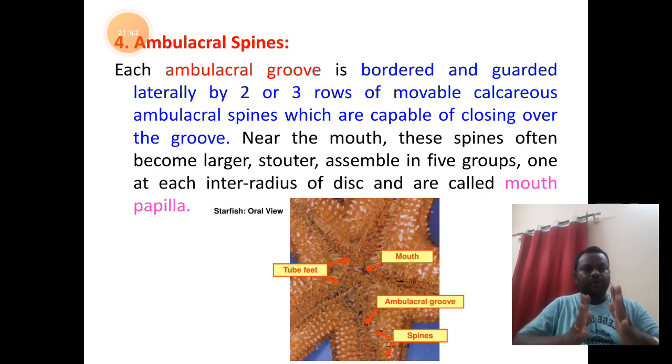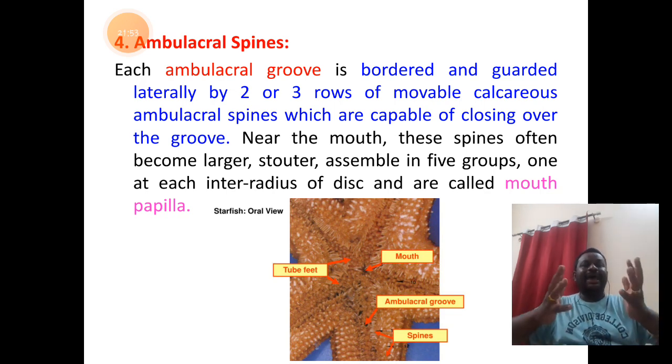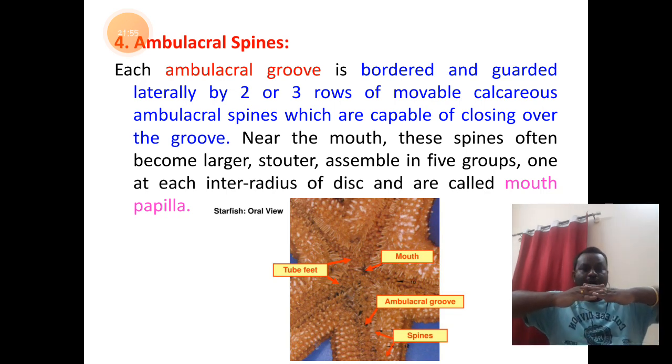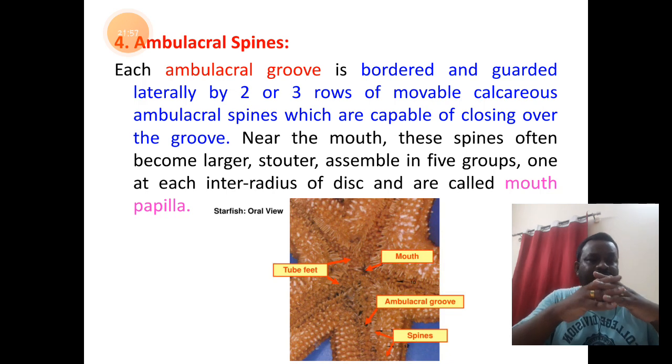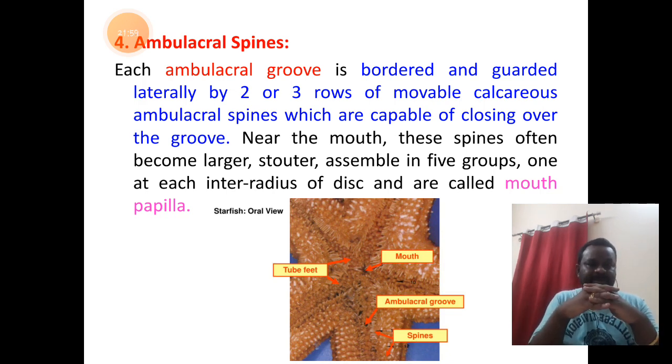So if this is the groove, you have the spines attached to it in 2 to 3 rows. These are movable calcareous ambulacral spines. They help in closure to form the network of spines. Okay, and they guard the ambulacral groove and the system of content within.